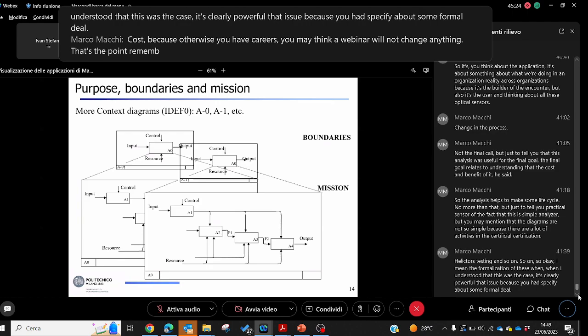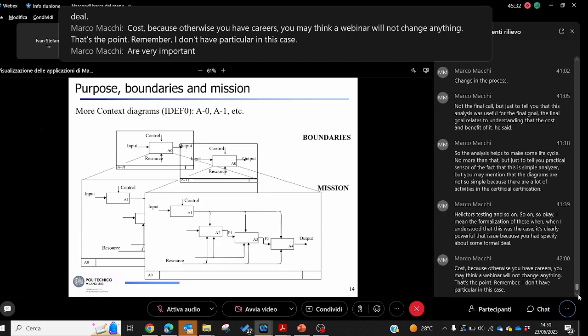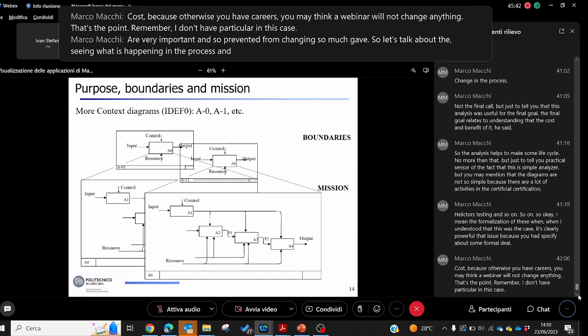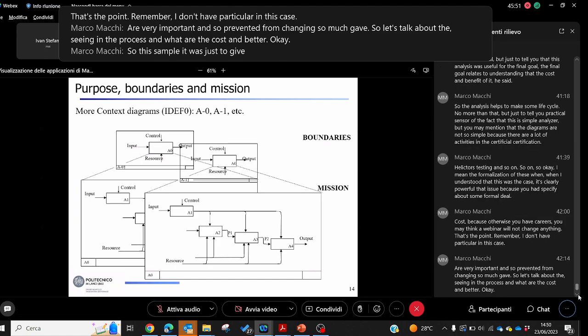Remember, aeronautics, helicopters in particular, in this case have norms that, of course, are very important and so prevent from changing so much. So let's talk about this one, seeing what is happening in the process really, and what are the costs and benefits. Okay?